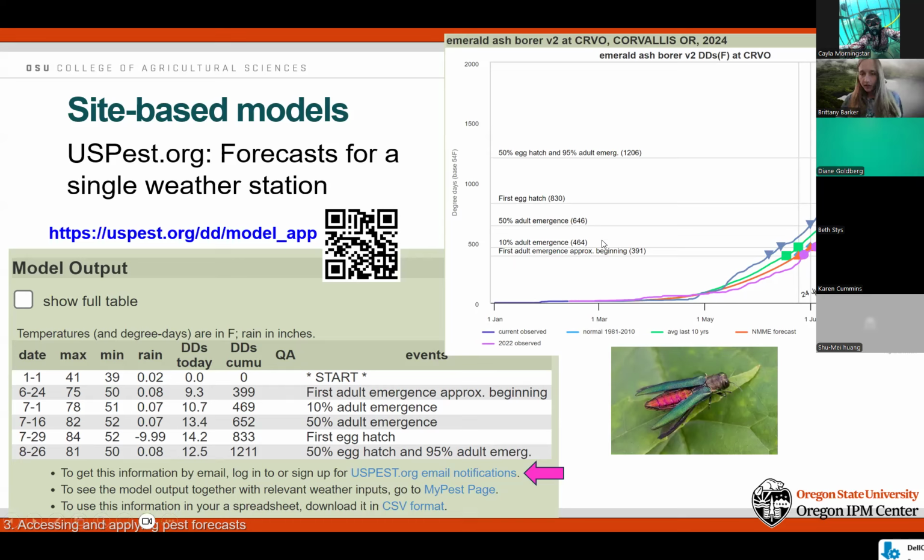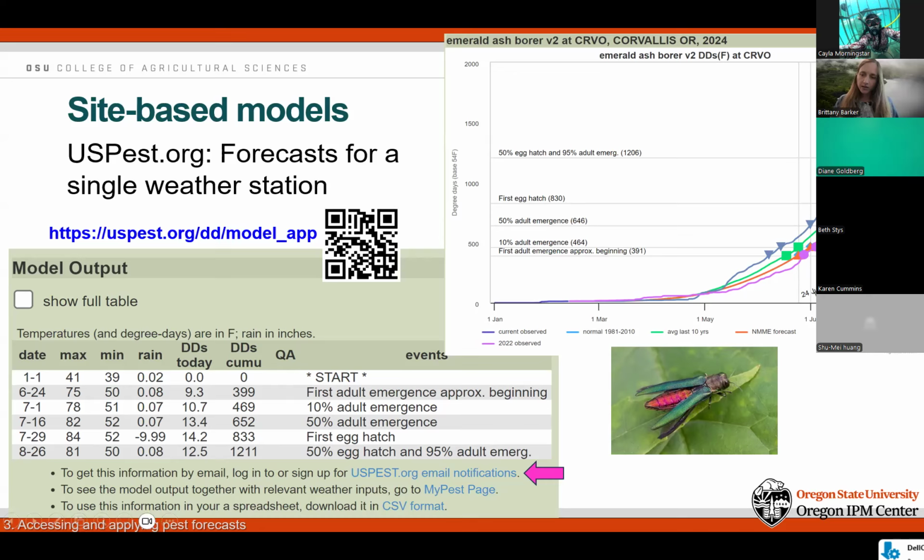So for the graph here, I know it's a little bit hard to see because the font's really small, but on the y-axis is degree days in Fahrenheit units. And on the x-axis is the date. So it's basically showing the same thing as the table, but in graphical format. And also you'll notice that there are different colored lines. The purple line is the data for this year, or in this case, it was 2024.